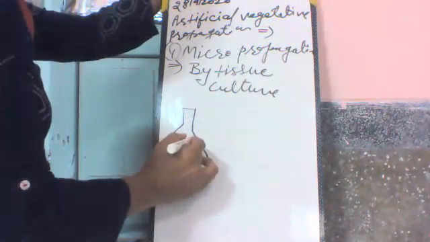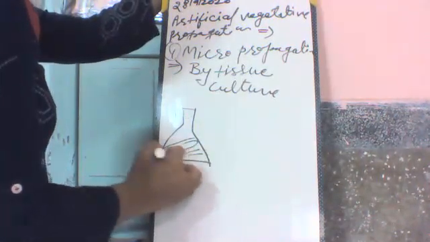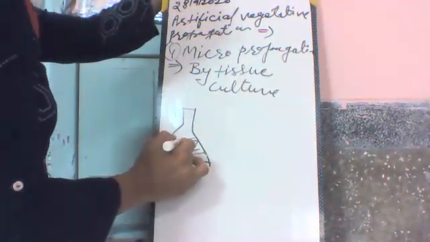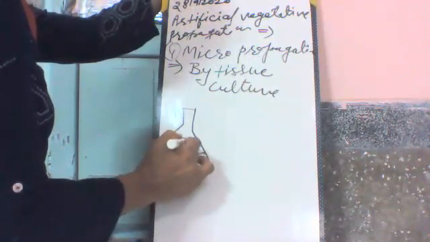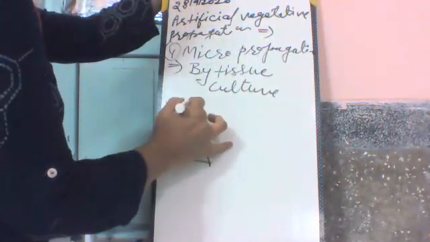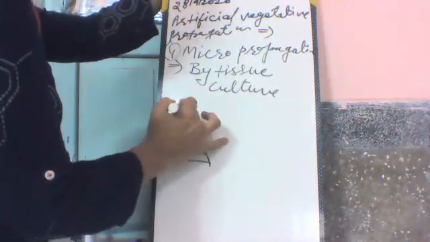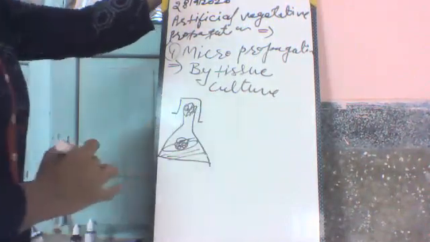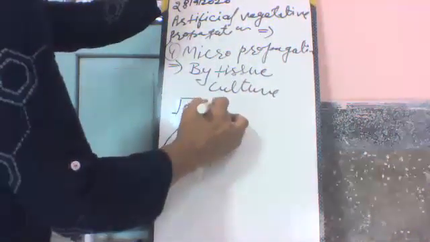Here is a nutrient medium. Explant is here. Then close its mouth with a cotton plug.